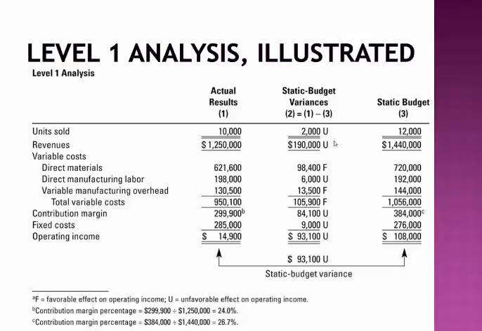You guys can notice that we have got favorable, unfavorable, and favorable. These three get netted together to give us a variable cost total. Okay, so favorable, unfavorable, favorable, 105,900 favorable net. Okay, so if you need to pause the video, get a calculator out, and double check how that works.